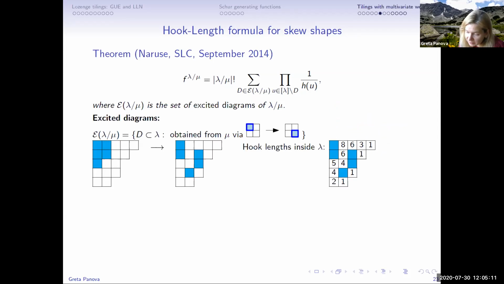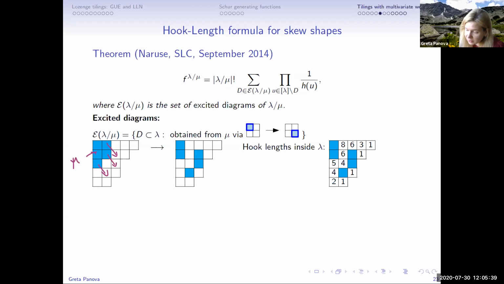So here is one way to get an excited diagram. We take this, this is mu over here. We can move this box over here, then we can move the next one over here, and this one over here. There is nothing in the way preventing this. So this is one example of an excited diagram. And what are the hook lengths?